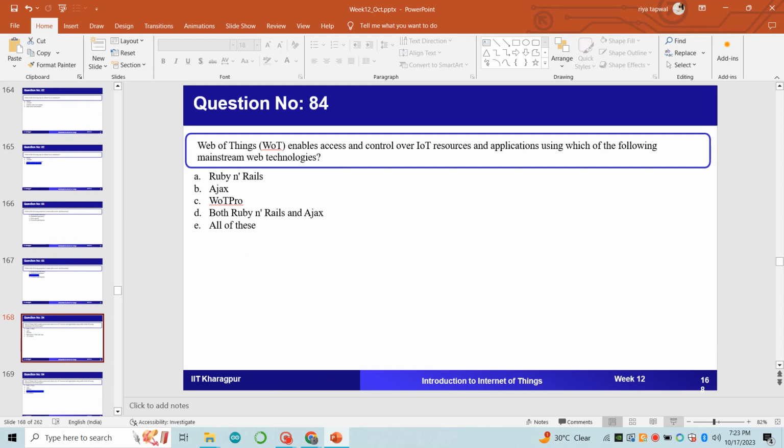Next question is, Web of Things enables access and control over IoT resources and application using which of the following mainstream web technologies? Options are Ruby and Rails, Ajax, WordPro, both Ruby and Rails and Ajax, all of these.